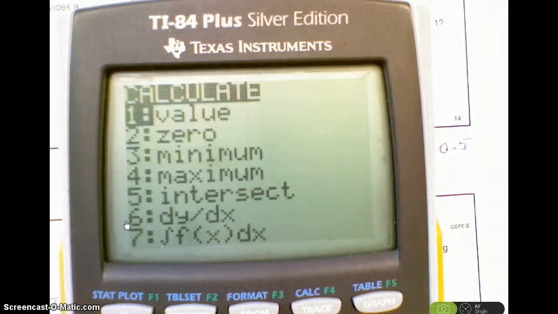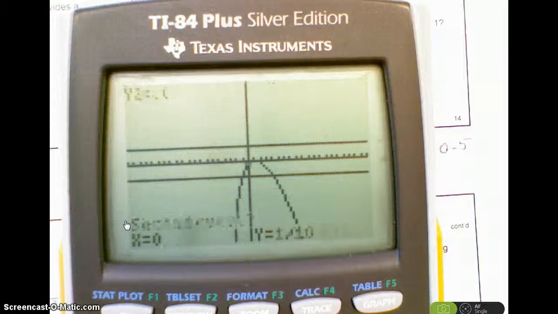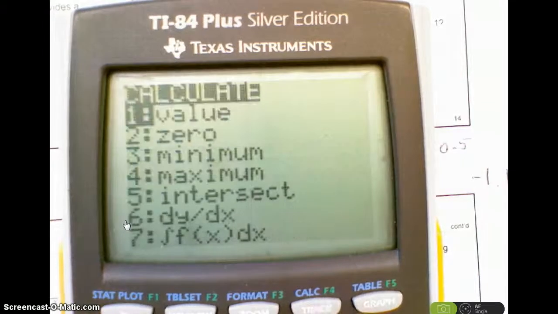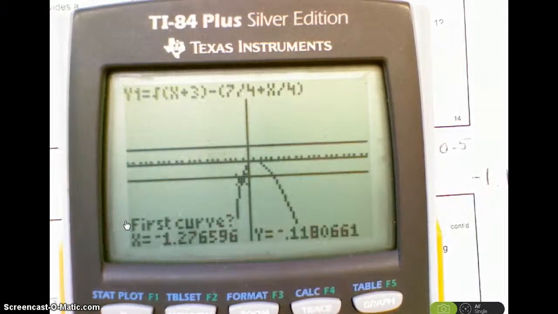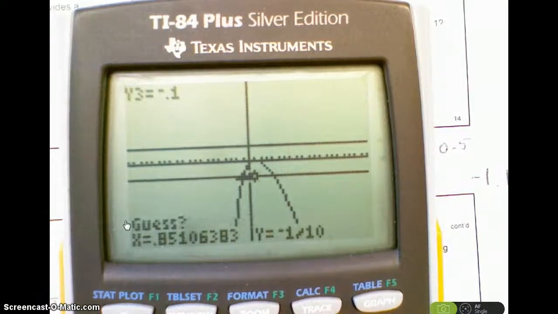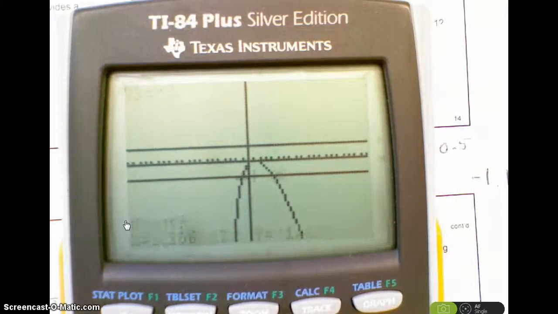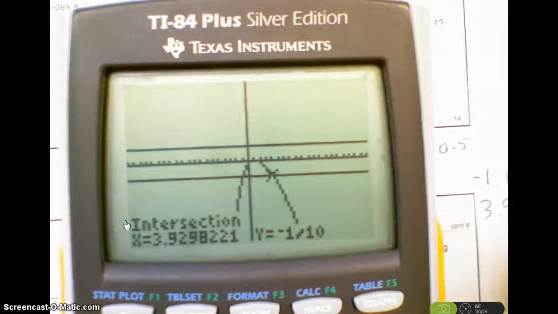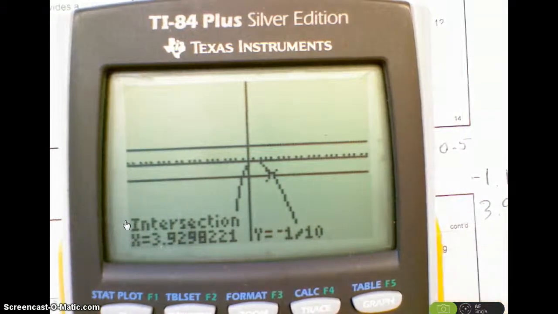So now I'm going to intersect those, first curve, second curve, and my guess. So this x value now is negative 1.1298, and then I can do that again. That's the first one. That's the second function, my guess, closer to that intersection. So now the other point where they intersect is 3.9298.